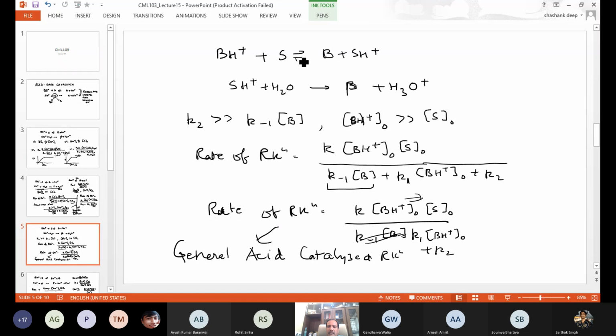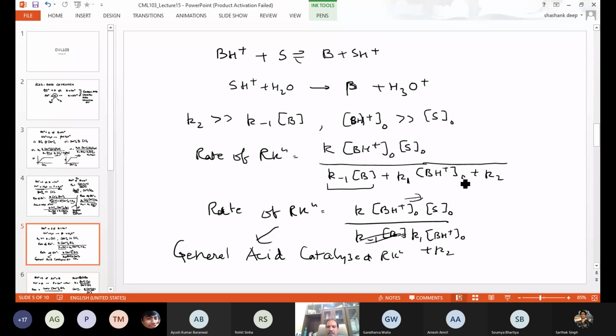K1 is fast, certainly K1 is fast, so K1 into BH plus naught. In that case, you can also write K1 BH plus naught plus K2. It doesn't matter. K1 is generally very high, the only thing is that there is a comparison between K minus 1 and K2. So the rate of reaction is K BH plus naught into S naught.